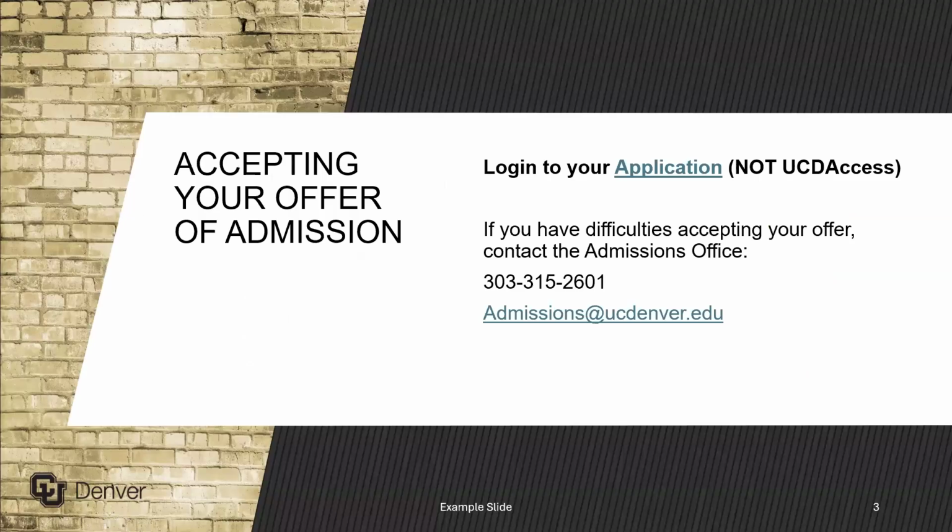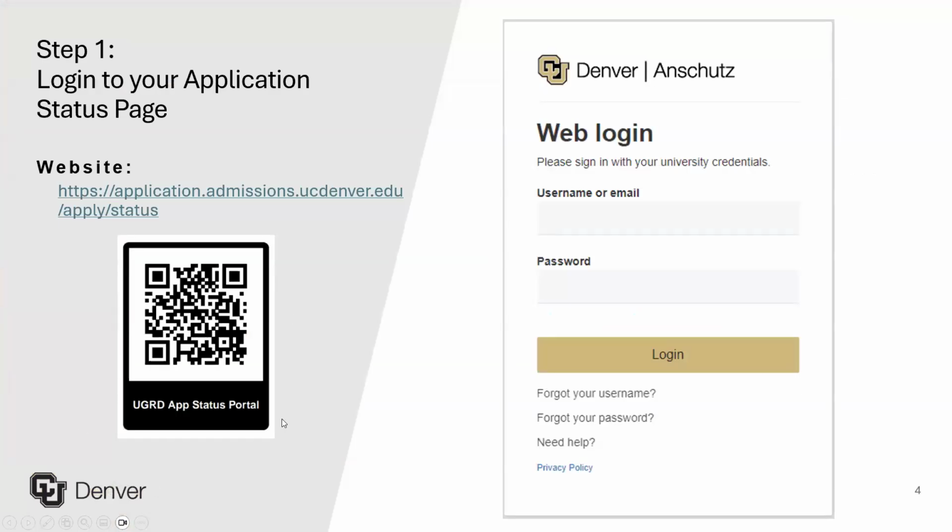Before you can sign up for new student orientation, the student does need to accept the offer of admission. In order to do that, you will log into the application, not UCD Access. So when you log into the application, and you may use this QR code if you have not done so, you will log in.